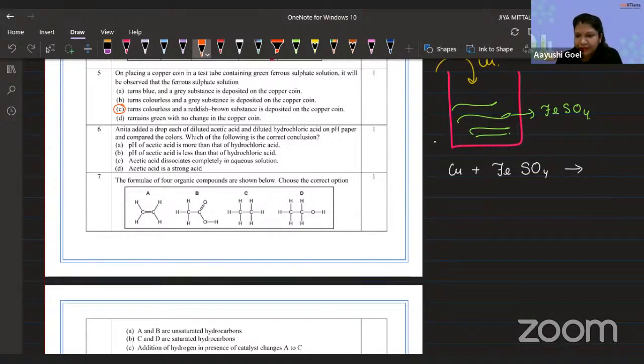Right, Gautam? Displacement reaction. Now, before I answer this question, I would like to ask you, who is more reactive, iron or copper? In the reactivity series, in the metals and non-metals chapter, we have learned this part.